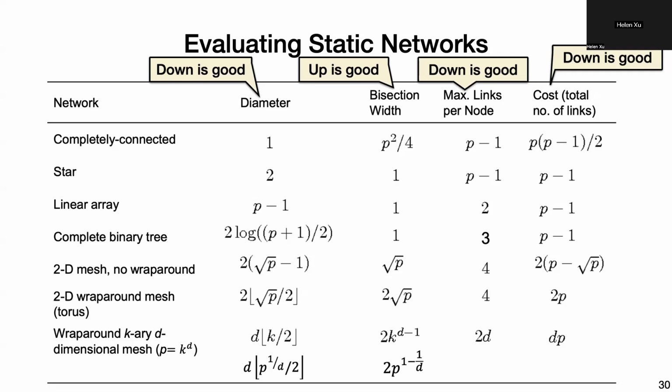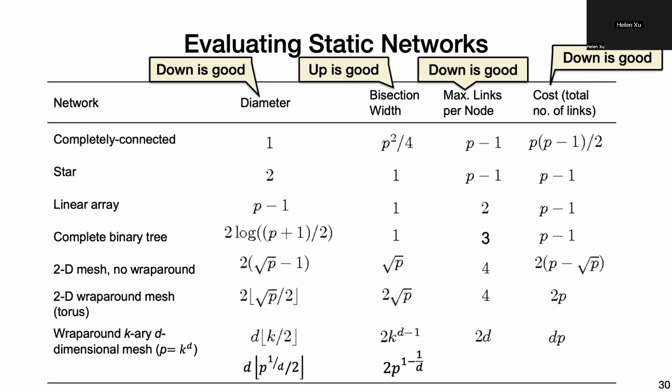Just to recap from last time, we were looking at this table of the bounds that we get from the different types of interconnects. Specifically, we're focusing on meshes and torus, examining 2D, and previously we had also looked at 3D and going up to arbitrary d dimensions, where the number of processors is k raised to d.